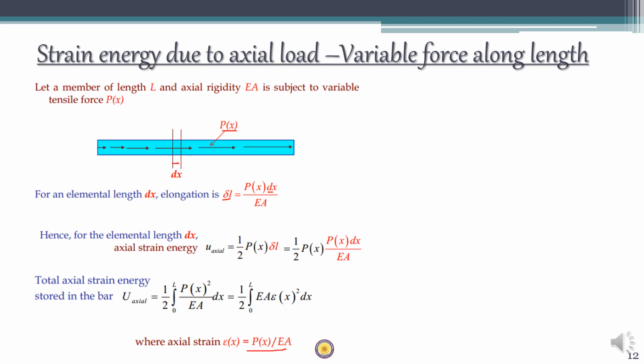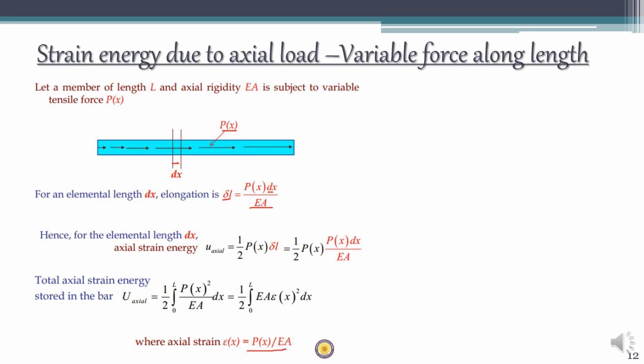Also what is actually the strain energy? Strain energy is nothing but half into P of x multiplied by delta L. So half into P of x multiplied by delta L is again P of x squared dx divided by EA, which means that for elemental length strain energy is equal to half into P of x square divided by EA, dx.